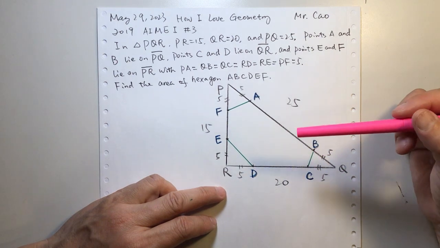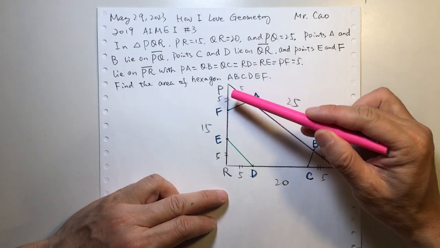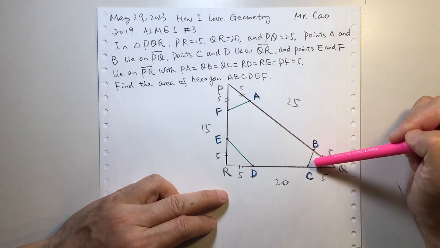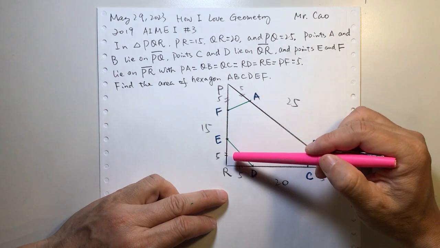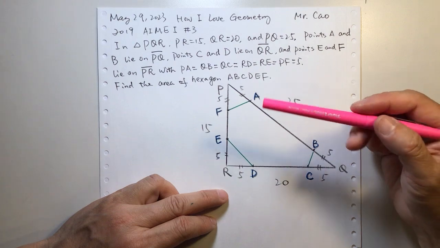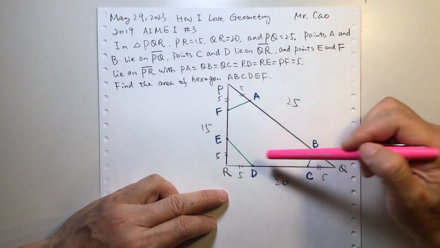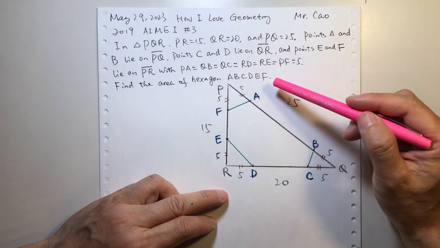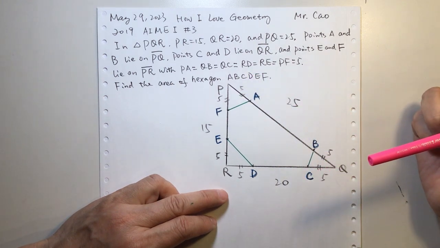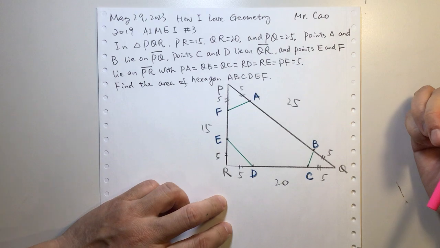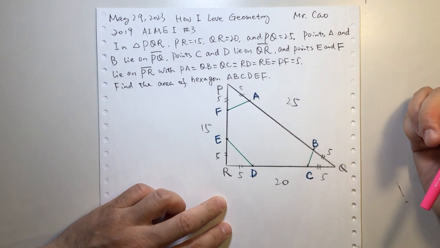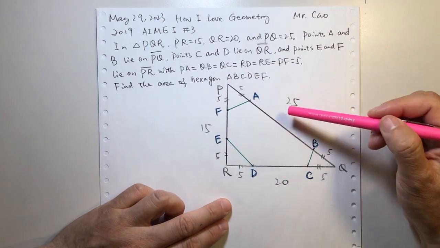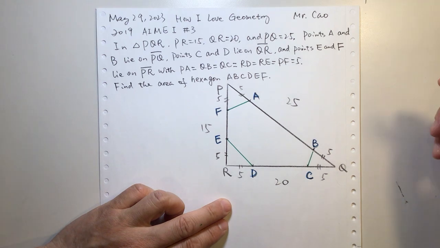And if we can find the area of the 3 small triangles, we can use the whole minus the parts, and what is left will be the area of the hexagon ABCDEF.